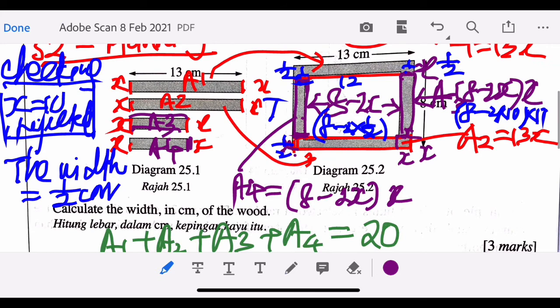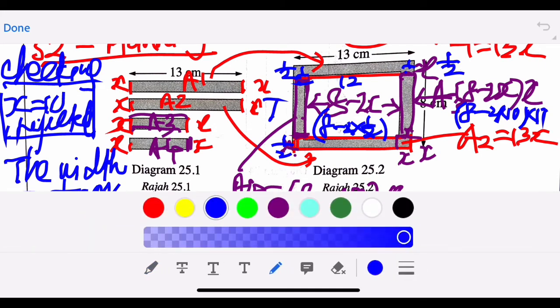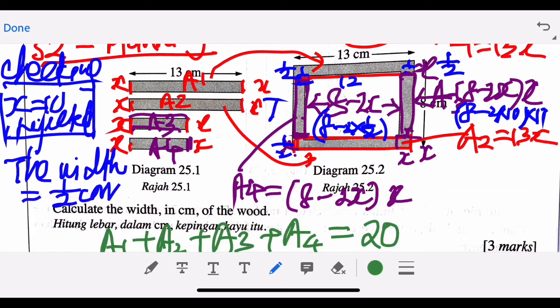I want to double check whether I am getting the right answer or not. If I take half, the area will be 13 times half times 2, so I get 13, and then I have the 7. 8 minus 2 times half will be 7 times the half times the 2.